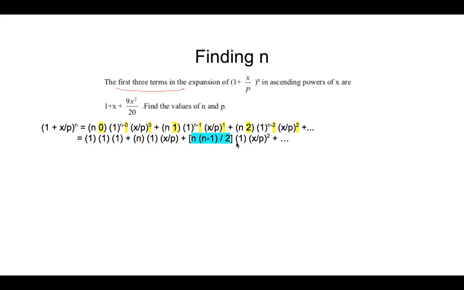Now, the trickiest one is n choose 2. So n choose 2, where do we get it from? Remember what we did earlier. We always say that our numerator starts from the higher power. In this case, we don't know what the power was, but we call it n. And then every next number decreases by 1. So this is why we go for numerator n multiplied by n minus 1, right?